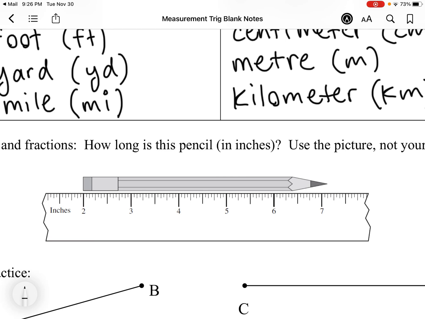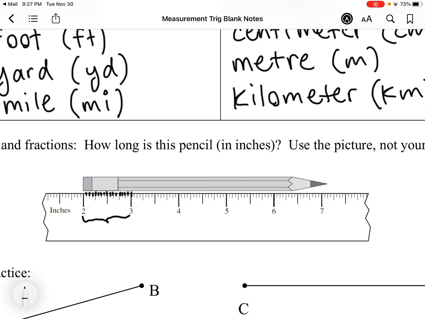If you look at a ruler and you look at the little divisions from, let's say, 2 inches to 3 inches, there's 1, 2, 3, 4, 5, 6, 7, 8, 9, 10, 11, 12, 13, 14, 15, 16. So we actually have to use a mixed fraction when we are looking at various length values in inches, because the tiny little lines don't represent 1/10, they represent 1/16.